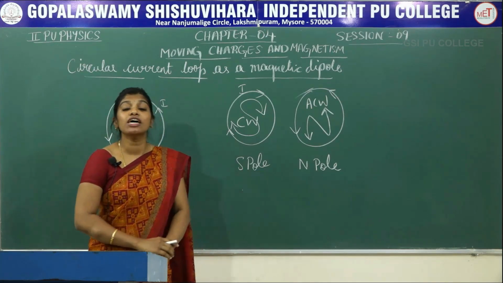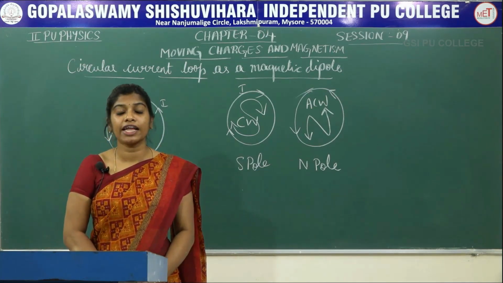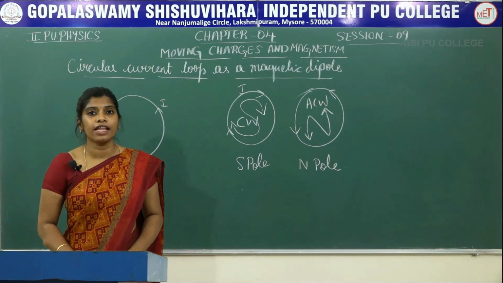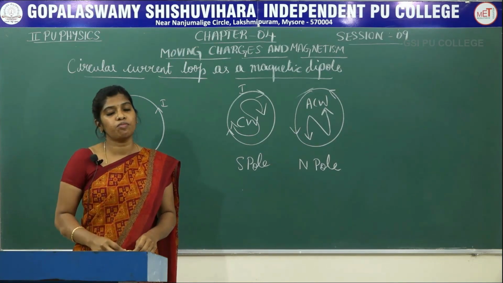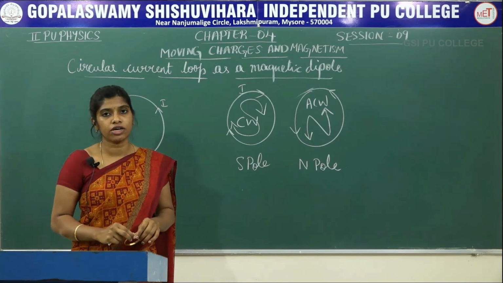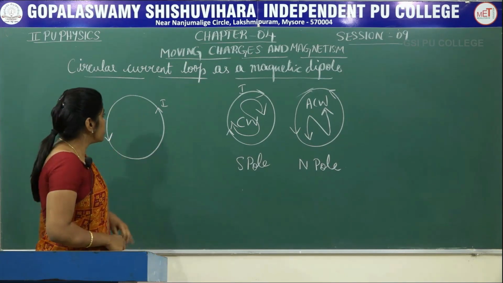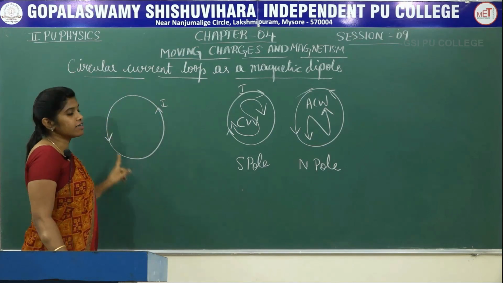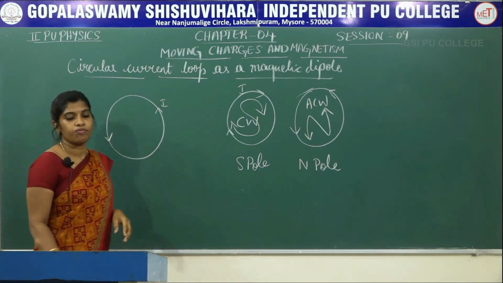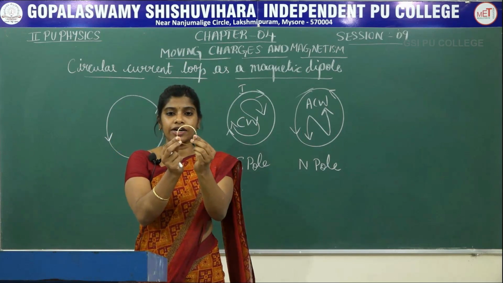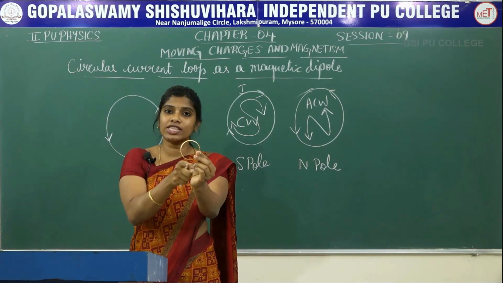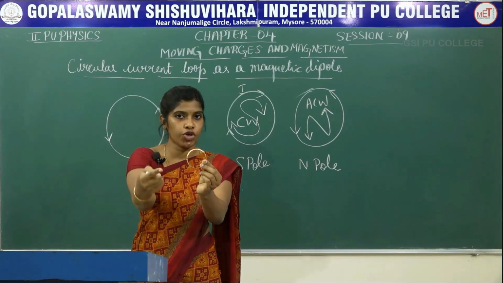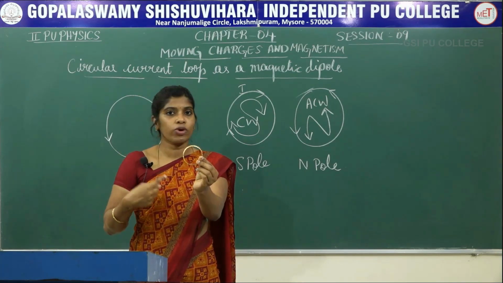So if we have a current carrying loop, a current carrying conductor which is circular, then the direction of the current will tell us what is the pole of that loop. A current carrying conductor just acts like a dipole. If the current is flowing in this direction, this direction is clockwise for you, but it is anti-clockwise for me.